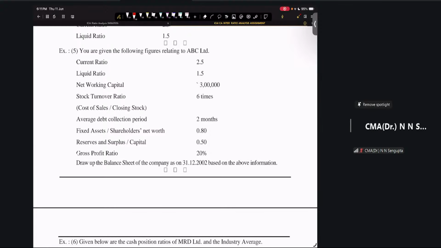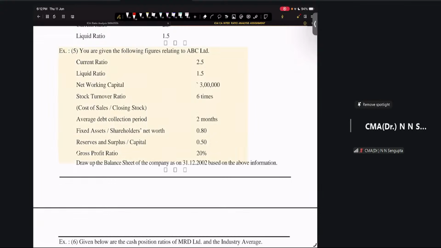Now, remember, whenever we have these sort of balance sheet preparation questions, to get a clear direction as to what all needs to be computed, I would recommend all of you to first prepare a draft balance sheet, with whatever data is possible.